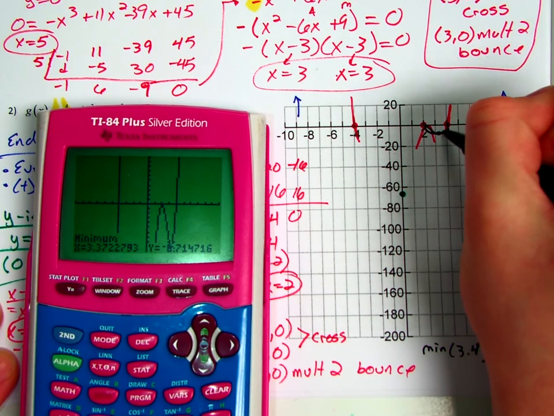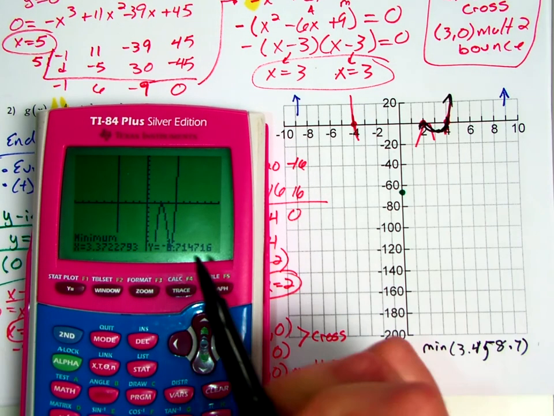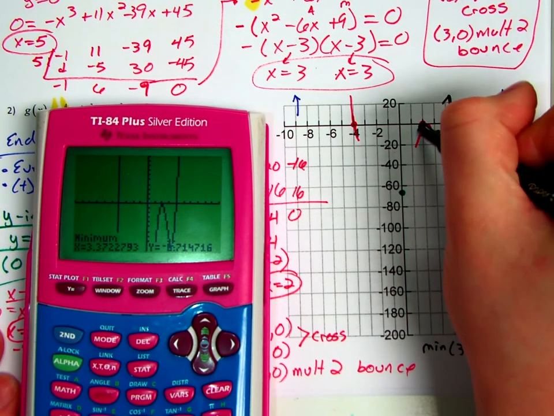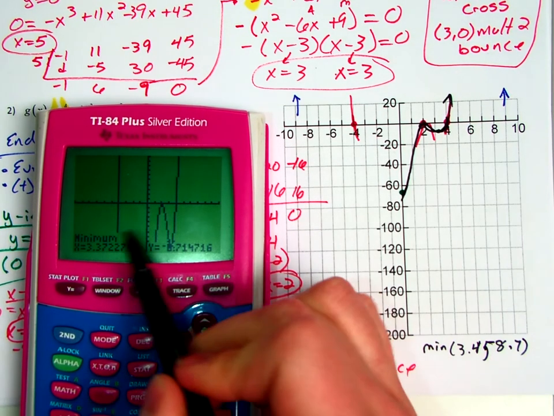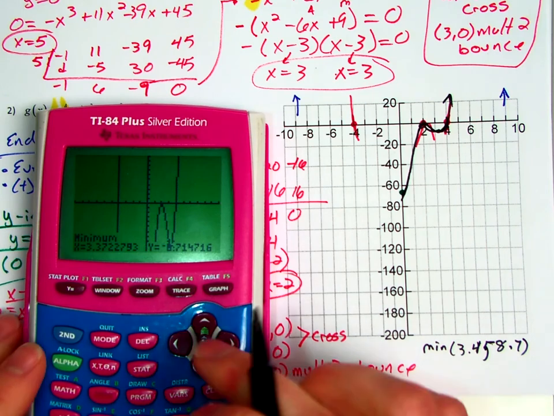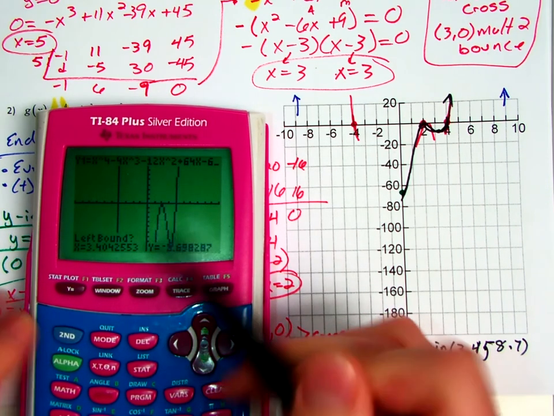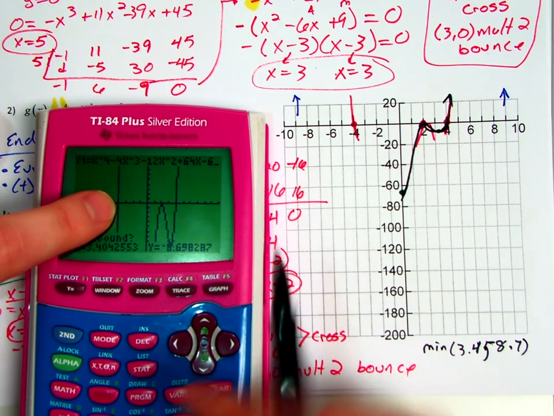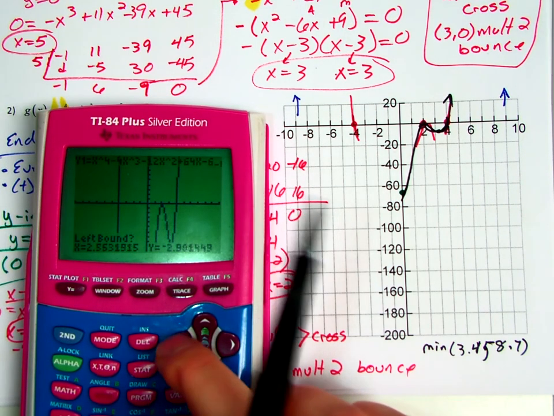So here's my first section of that, right, before I come back down. And then I know it's going to cross here, right? But then I have to figure out what's happening down here. So I have to find the minimum that's happening here-ish. So we'll have to, again, second, calculate, minimum. I know my minimum's going to be over here, so if I get to this side, I'd be to the left of it, so I need to be at like the -5-ish again.